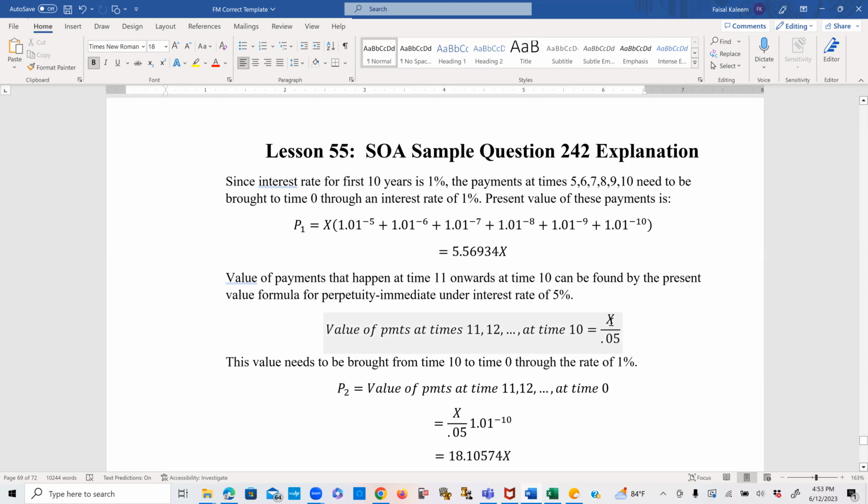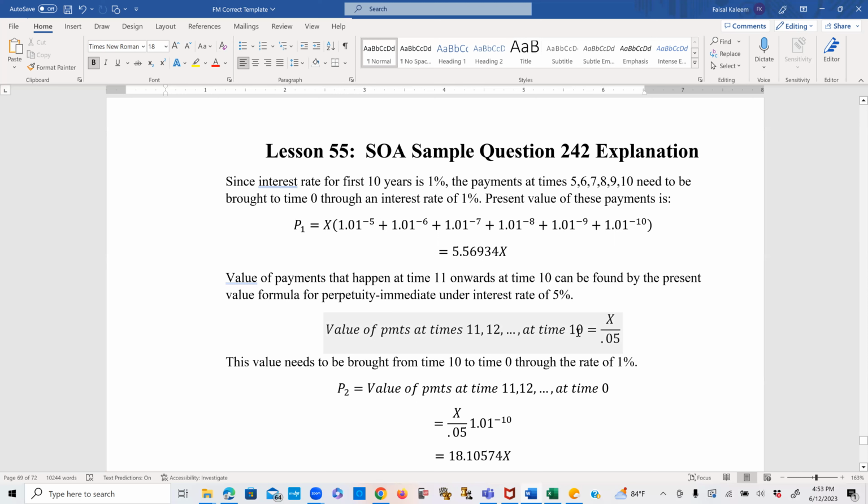And so when you bring the values of all these through the present value formula of the X over i, you will have to use the i of 0.05 here. So the value of payments at times 11, 12, and so on at time 10 will be X over 0.05. And we need to bring this value from time 10 to time 0.